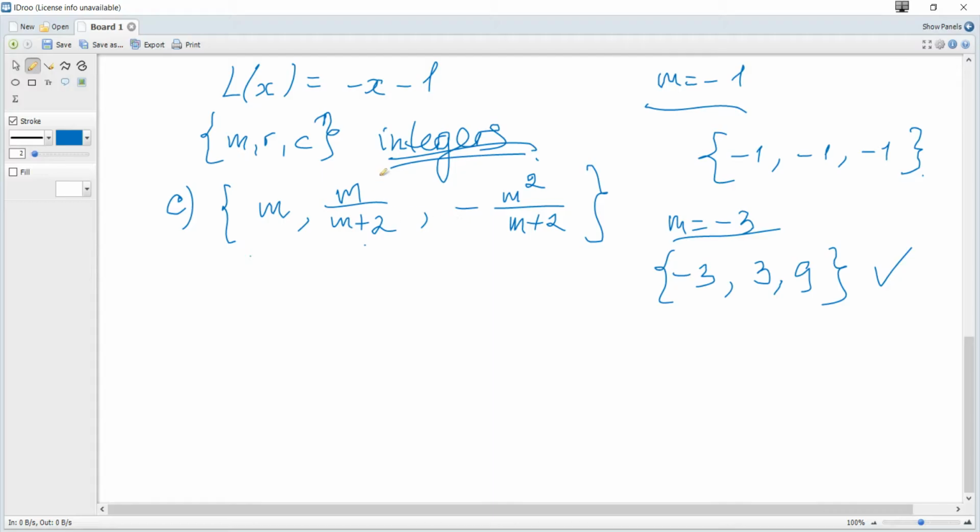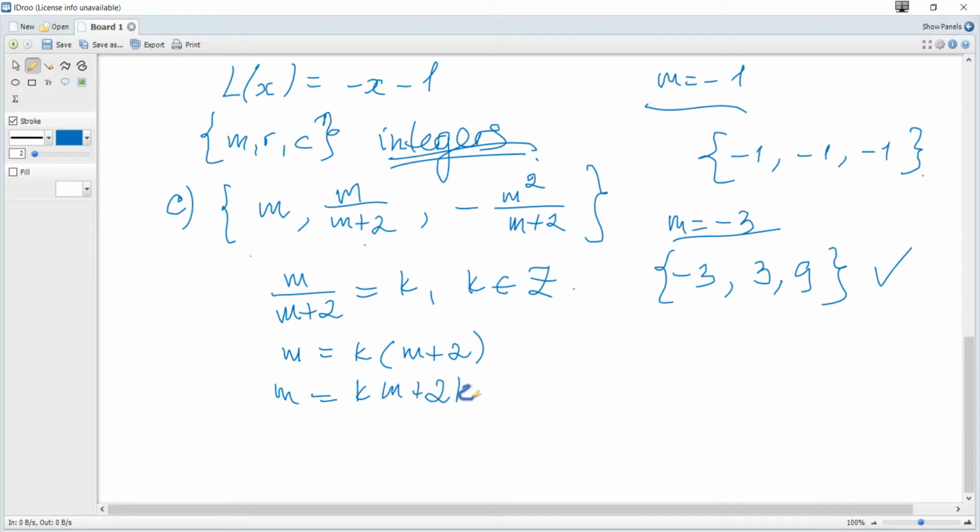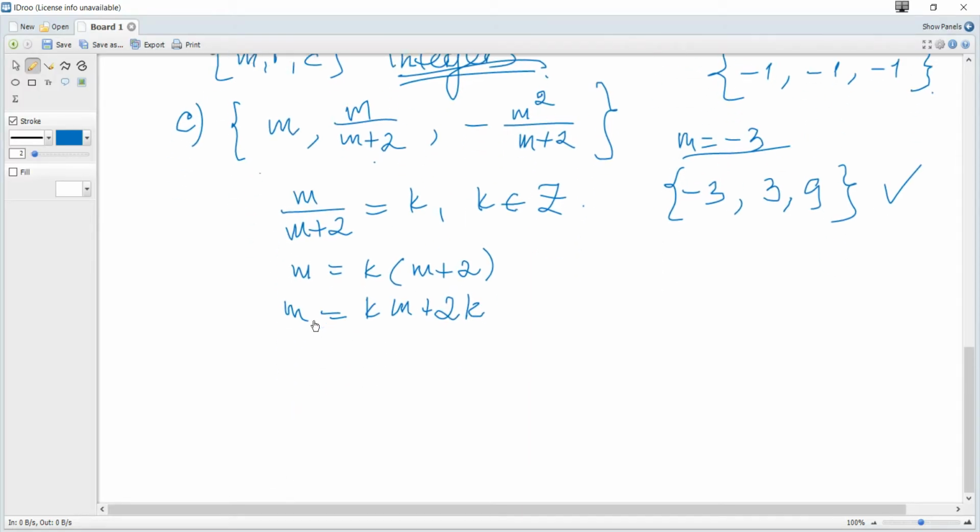Definitely, since they are integers, these must be integers, and it's a fraction. So what does it mean? It means that m over m plus 2 must be some k, where k is some integer, and m is k times m plus 2, m is km plus 2k, and let's solve for m.